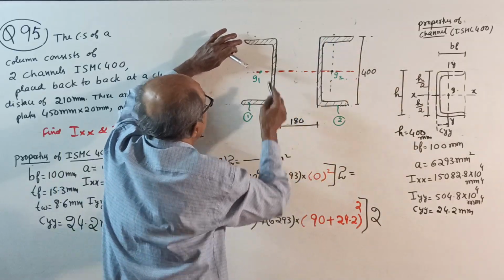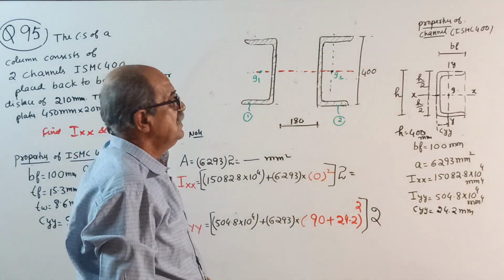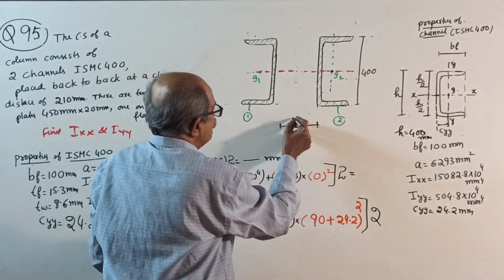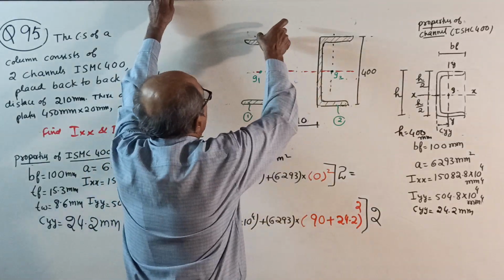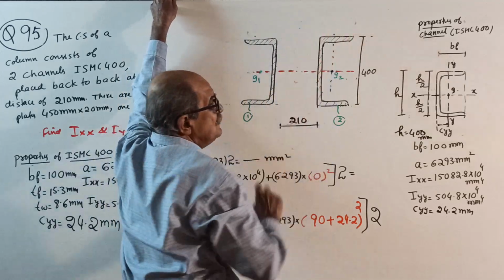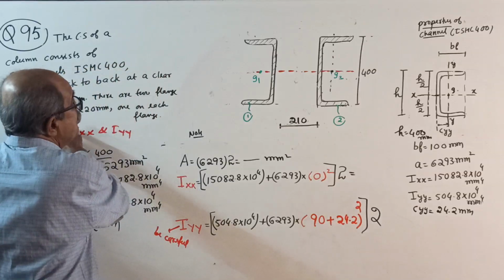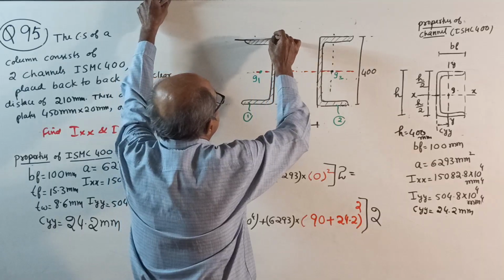So 180 plus 100 plus 100, 100 plus 100 is 200. 200 plus 180, not 180, how much is it? 210. I changed the question to 210. So 210 plus 100 plus 100 is 410. And they told the plate width is 450, which means your plate has to project outside.